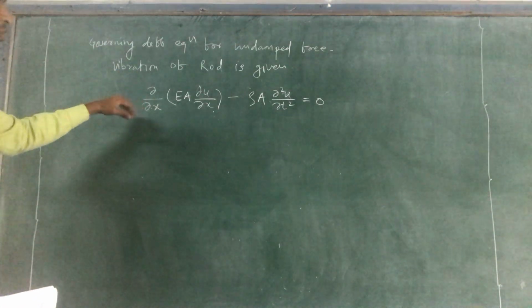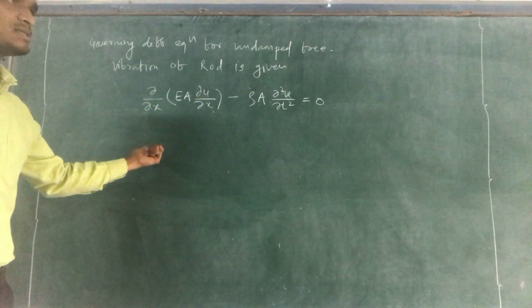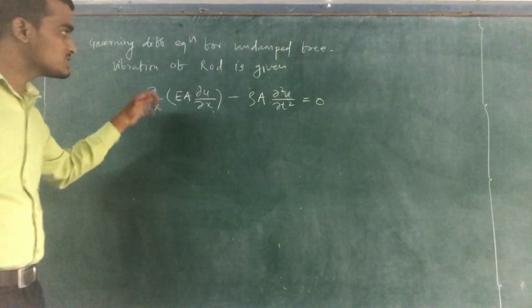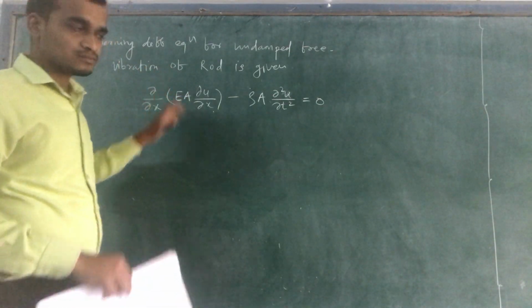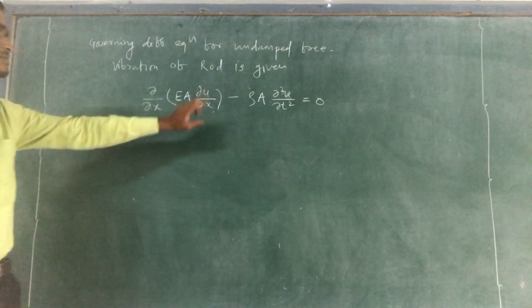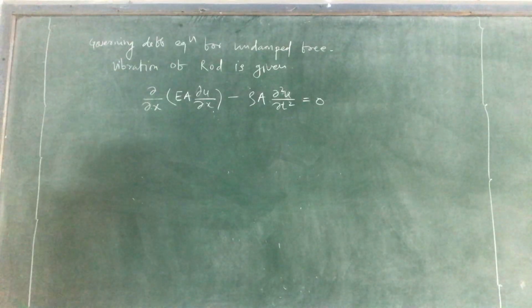Here we are going to derive our elemental stiffness matrix and elemental mass matrix for this rod. Here u is the axial displacement function.